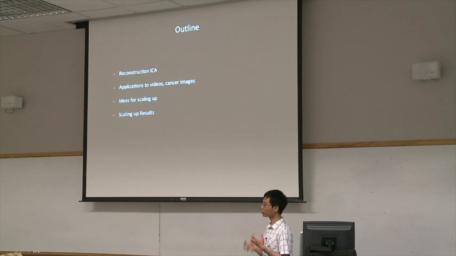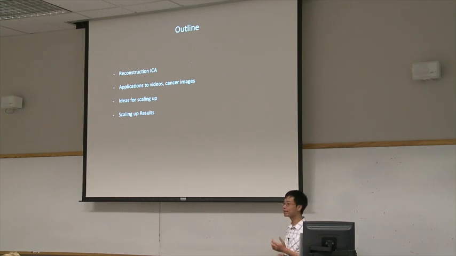You can use the method to learn features from a lot of domains. In particular, I will show evidence that it can learn features from videos and cancer images, domains where it's very hard for us to invent features. Then I will talk about some ideas to scale up these methods, and then I will show some interesting results at the end. Okay, so what is the reconstruction ICA algorithm?